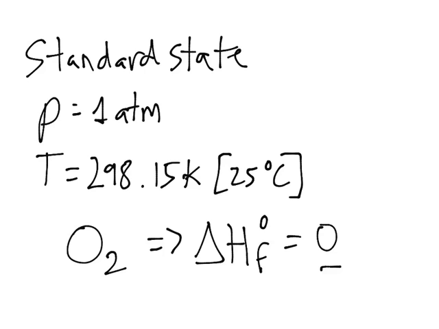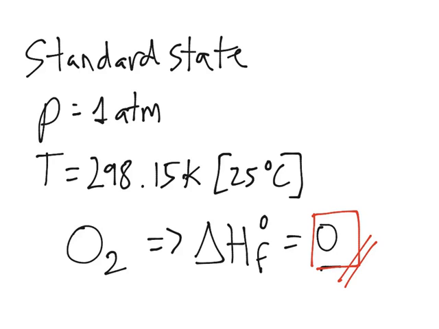And if you think about it, it really makes sense because there is no synthesis going on, and the element is just in its natural state, so there will be no heat flow occurring. So keep in mind, an element in its elemental form, in its natural state, will always have an enthalpy of formation of 0. And that will be very helpful when you have to start using calculations in your thermal chemistry.